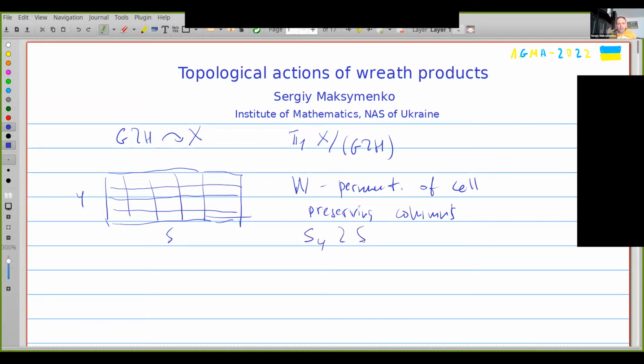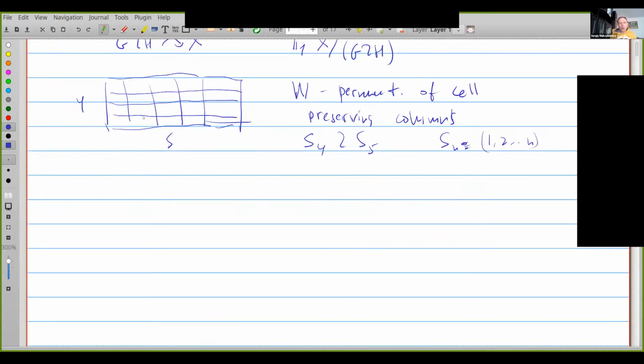S4 with S5, where Sn is the permutation group of the set of n indices. So we have a set of numbers, and this is just a permutation group of this set. This group can also be viewed in the following way. Consider this graph. Here are 5 edges from one vertex, and here we have also 4 edges each.